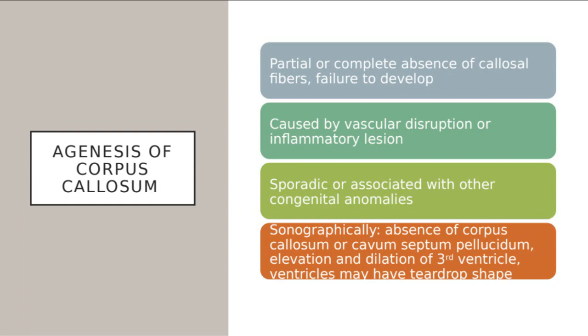Now, this is something that we don't routinely document, the corpus callosum in OB. So this is going to be something where our patient had genetic testing, it came back abnormal, and we need to get some more advanced images of the baby's brain development. So this may be something that we have to intentionally be aware of prior to performing an exam on that patient.